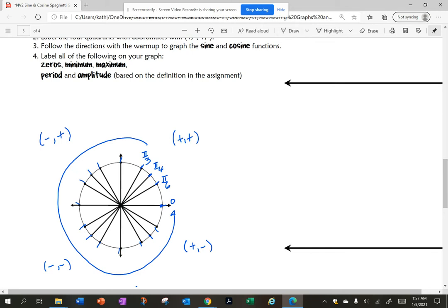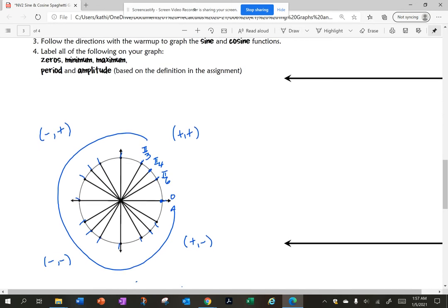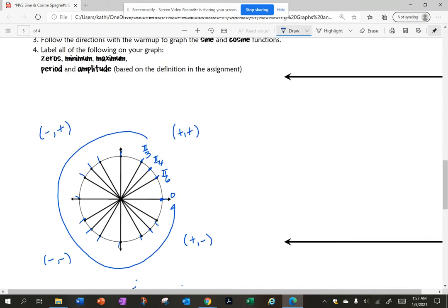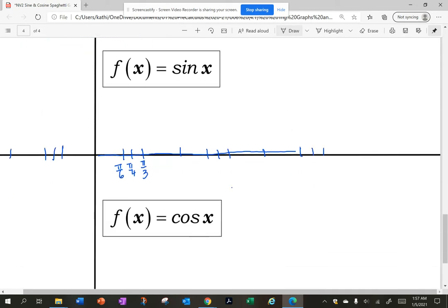Sine is y, so I want to measure perpendicular from here to here, mark it on my little piece of paper, and then put this value at pi over 6. Since y is positive, I'm going to put it above the x-axis.